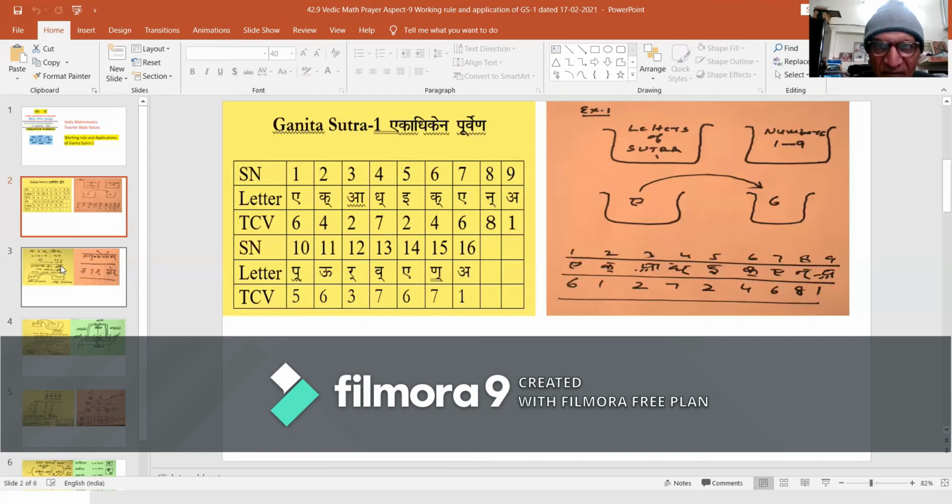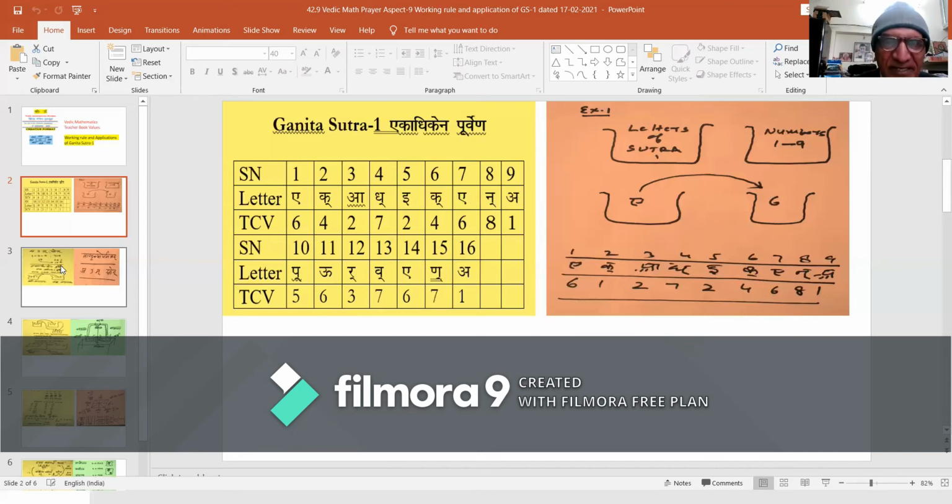But in the same way, it also would mean going from the upper surface of the letters alphabet to the lower surface of the numbers alphabet. So the first letter A under this rule will take us to its corresponding number. The corresponding number is 6.